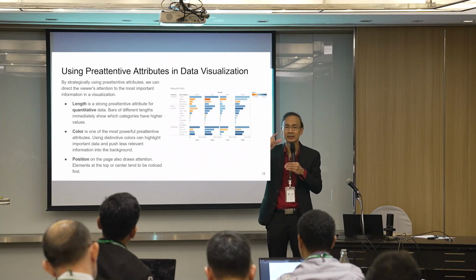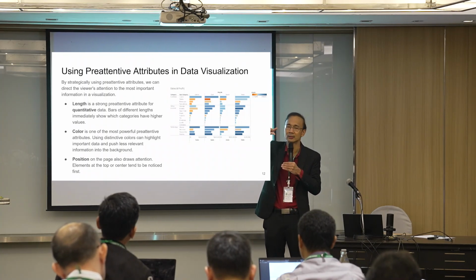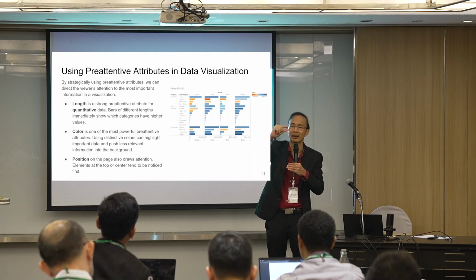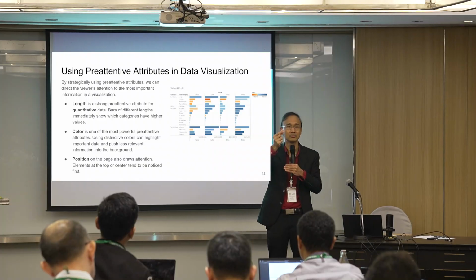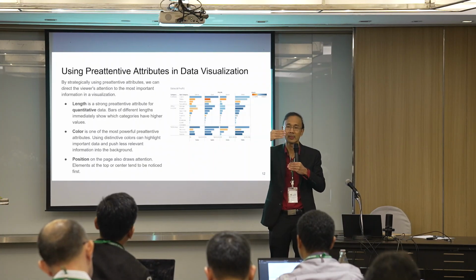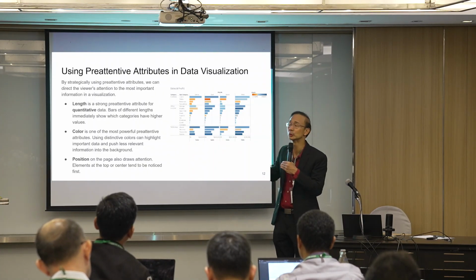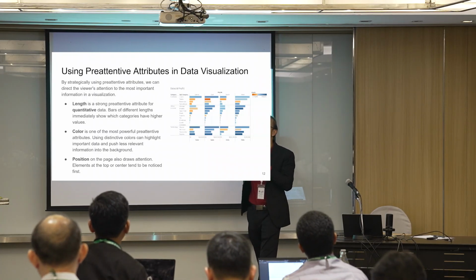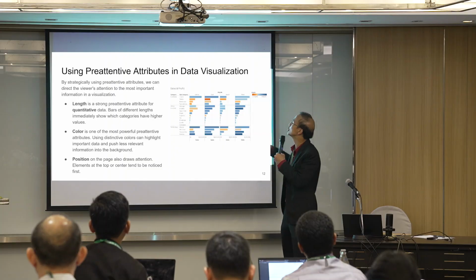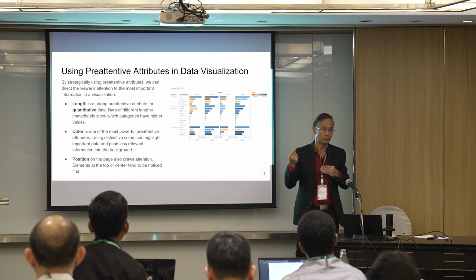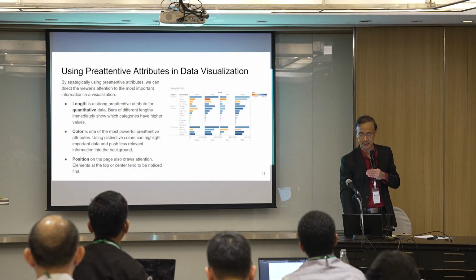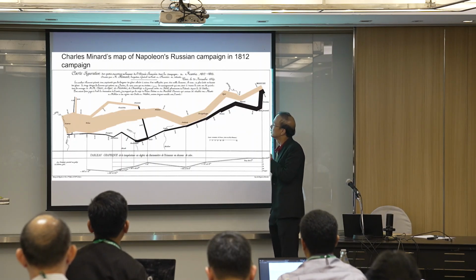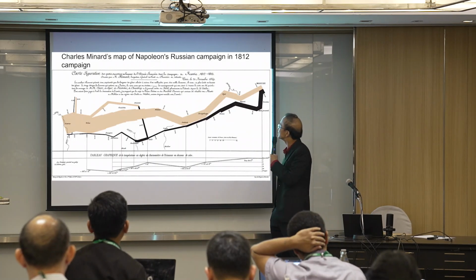But in reality, if you compare between 5.0 and 5.1, maybe the levels of color are not that easy to differentiate, right? So in that case, maybe length is a better pre-attentive attribute that we can use to present information, okay?